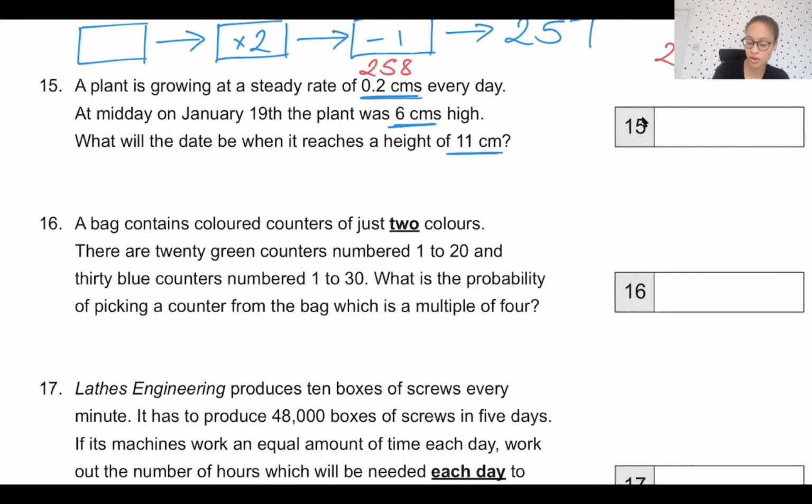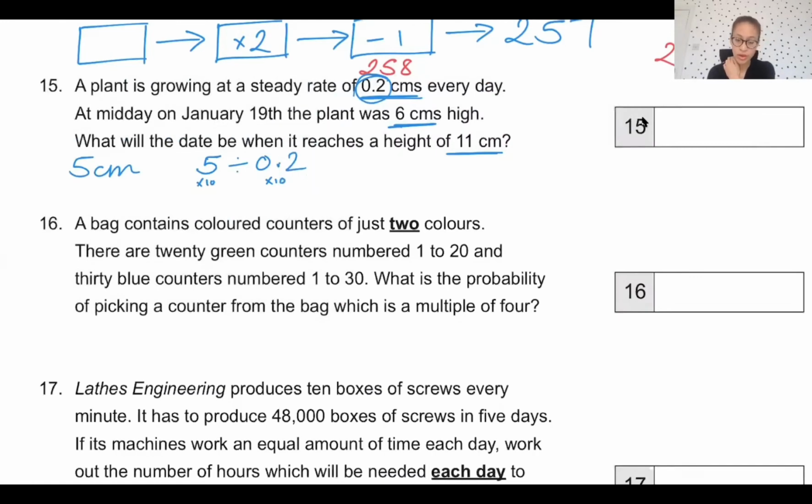The plant has grown by 5 centimeters. Now we need to know how many times 0.2 goes into 5 centimeters. Now we've already done decimal division today, so why don't we use it again? We need to know 5 centimeters divided by 0.2. So times both of those numbers, so you get rid of the decimal point, times them both by 10. Sometimes you do times them by 100 or 1,000, but in these cases, we just need to move the decimal point one place, so it's out of the way.